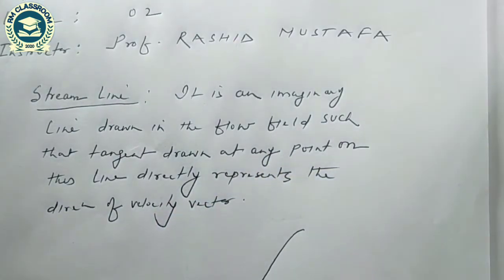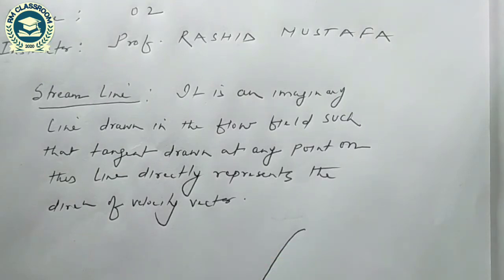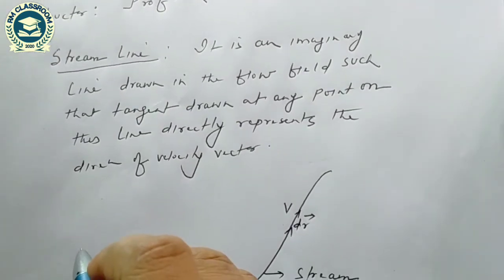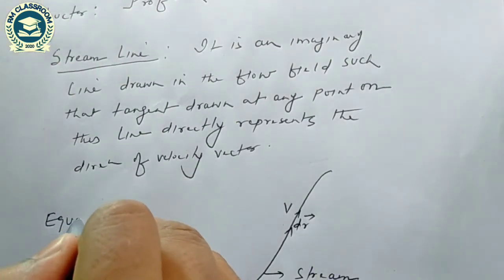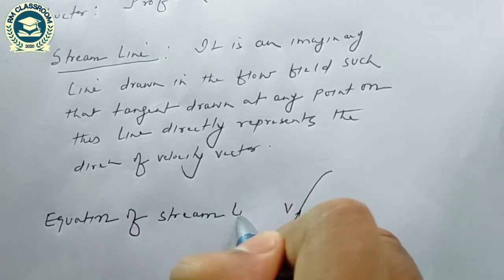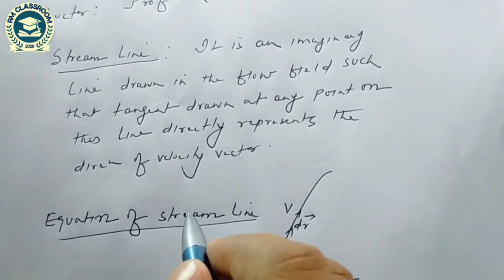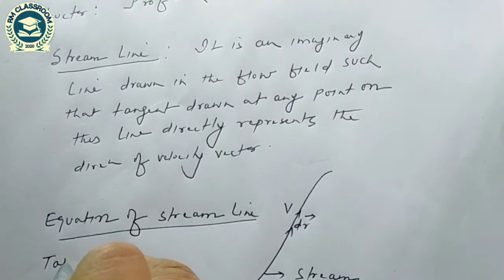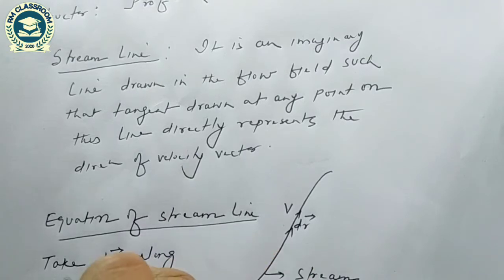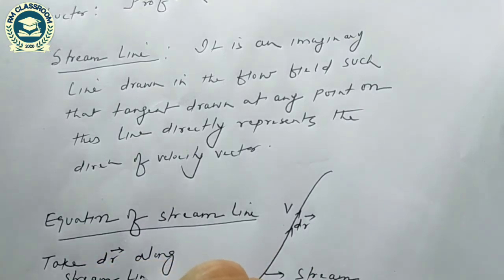Let us assume this is our flow field and this is the streamline. If I draw a tangent dr, then to derive the equation of streamline, take dr along the streamline.